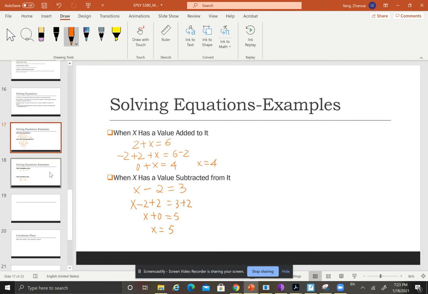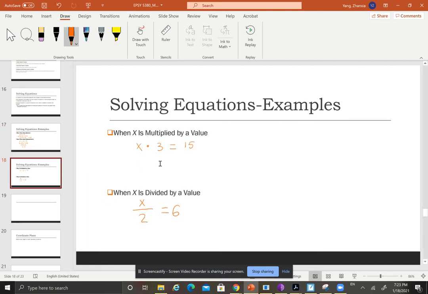Okay. Let's take a look at multiplication and division. So when x is multiplied by a value, for example, x times 3 equals 15, what are we going to do? Similarly, use inverse operations. Multiplication and division are inverse operations. Since x is multiplied by 3, we can divide by 3 on both sides.